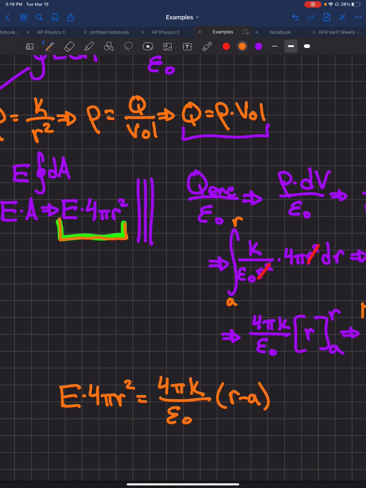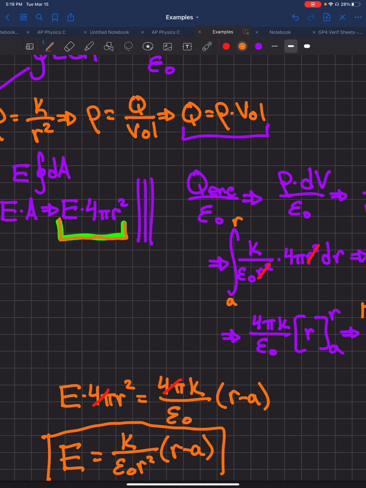Now just solve for E. Notice the 4 pi's cancel. Bring that r squared over to the other side, and you're left with E equal to k over epsilon naught r squared times r minus a. That is the equation for the electric field inside of the shell.